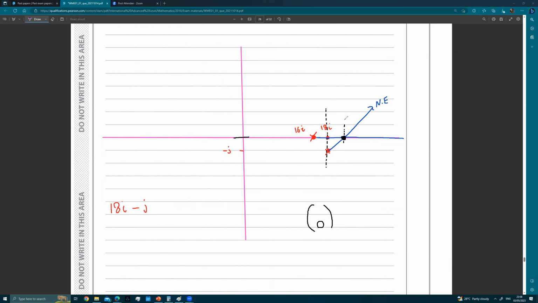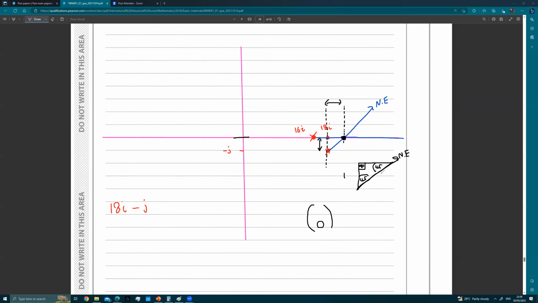I just want to work out what this distance over here is. What we could do is extract this little right angle triangle, where this magnitude is just 1, like 1j. This angle is 90 degrees, and this angle is 45 degrees, and so is this angle, because northeast would be an angle of 45 degrees.